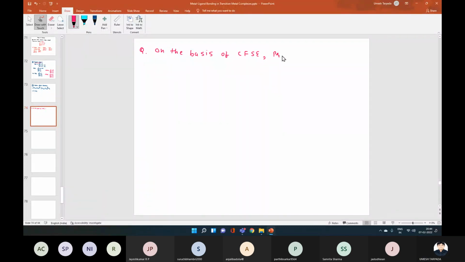Predict whether Mn3O4 and Fe3O4 are spinel or inverse spinel.